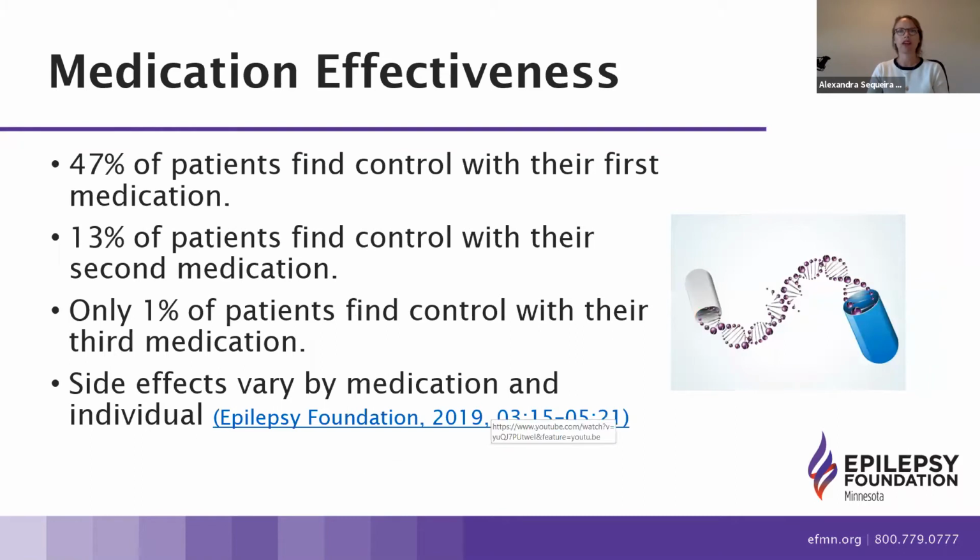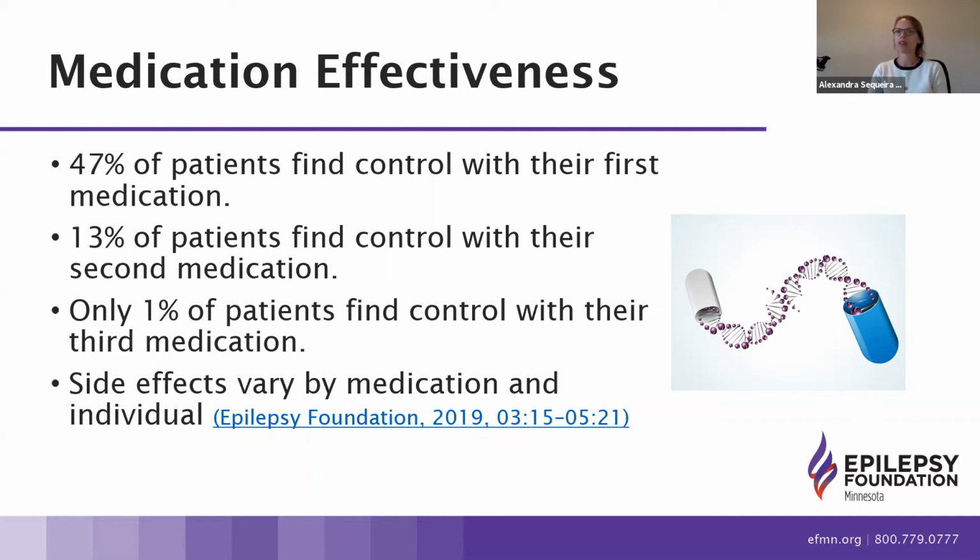So, medication effectiveness. About 47% of patients find control with their first medication. And again, the key here is that we're choosing a medication that's appropriate for the epilepsy type. 13% of patients find control with their second medication, and only 1% of patients find control with their third medication.